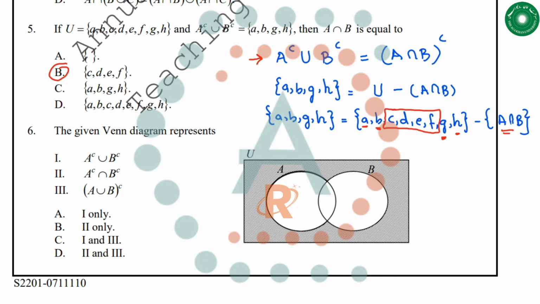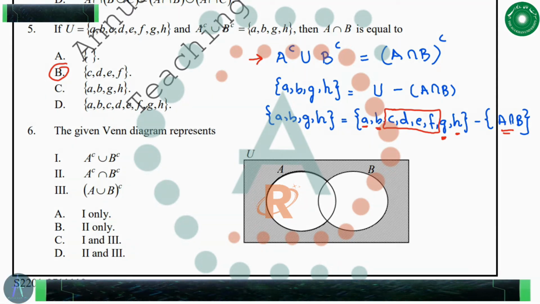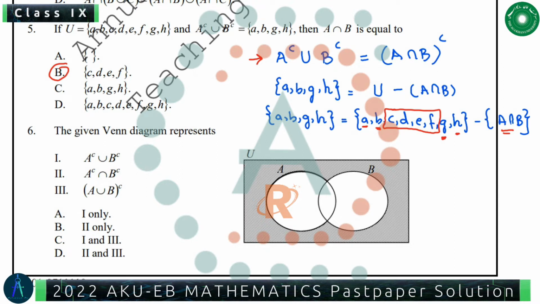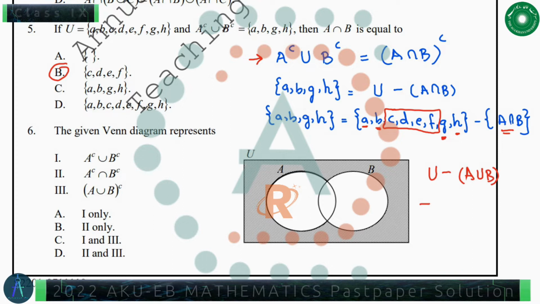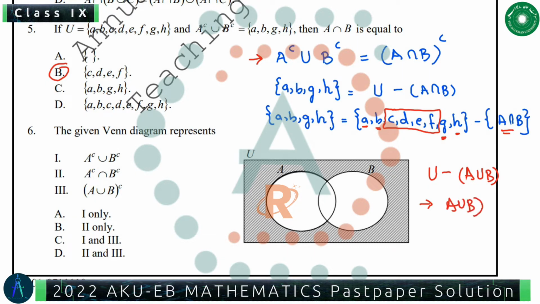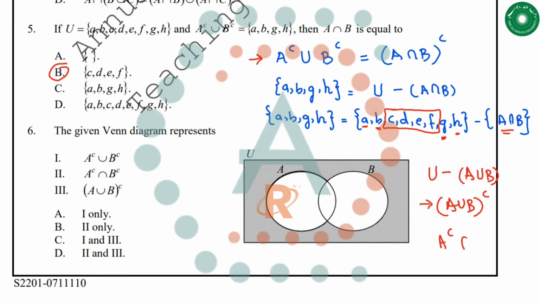Then we have question number 6. The given diagram represents. As we can see, the whole of sets A and B is subtracted from the universal set. So universal minus A union B. So this Venn diagram is of (A union B) whole complement, as well as A complement intersection B complement.